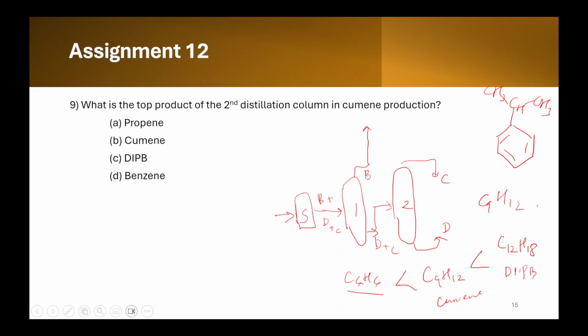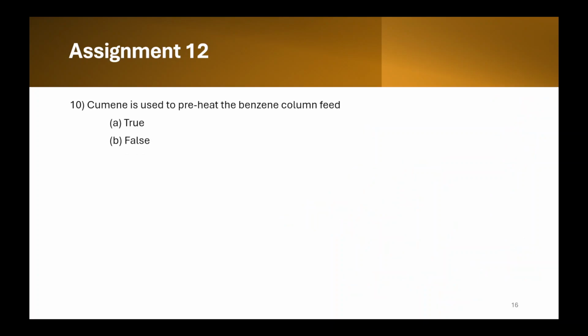Yeah, correct. So the more volatile out of these three will go from the top product in the first column. Then out of D plus C, whatever is more volatile will be the top product. So cumene. The heavier the molecule, the higher the boiling point, you can say.